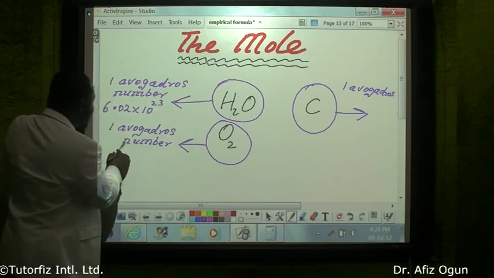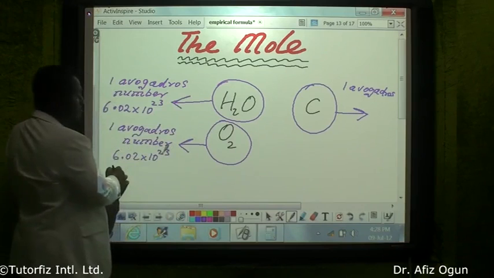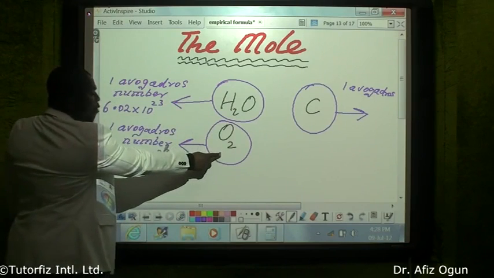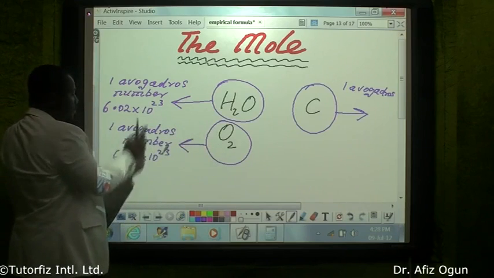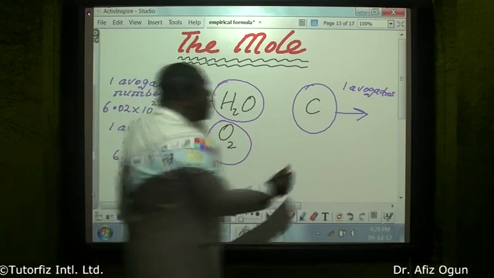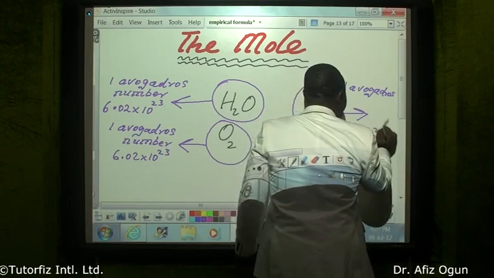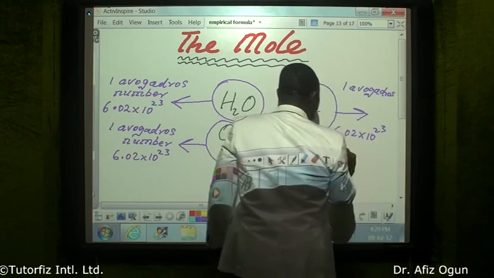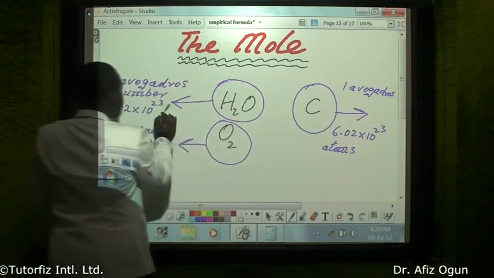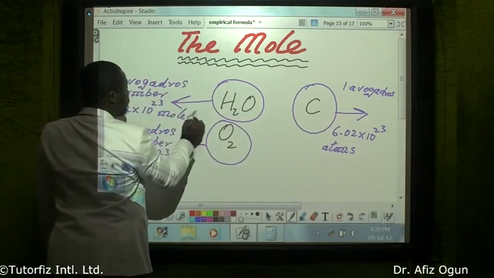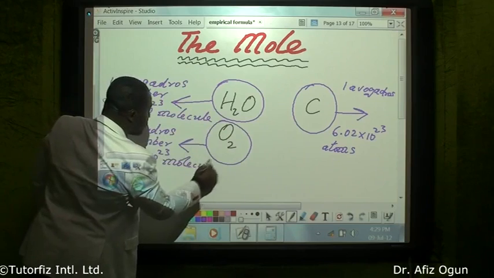The same thing here, 6.02 multiplied by 10 raised to power 23 molecules of oxygen will be present in a mole of oxygen. The same thing, 6.02 multiplied by 10 raised to power 23 atoms of carbon, because atom is the unit here, and molecule is the unit for water and oxygen.